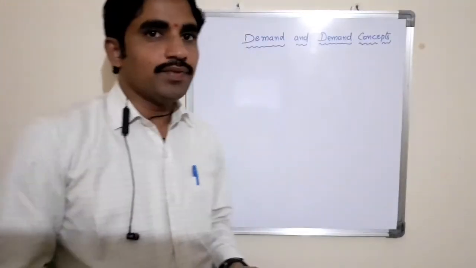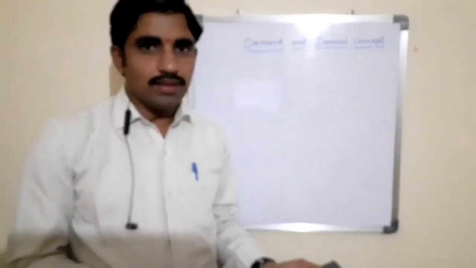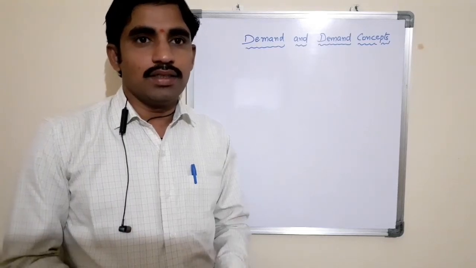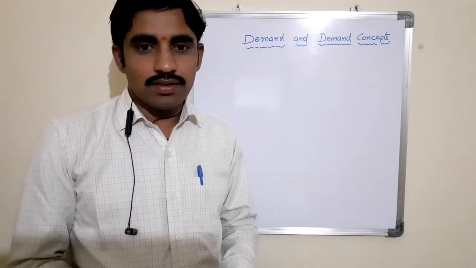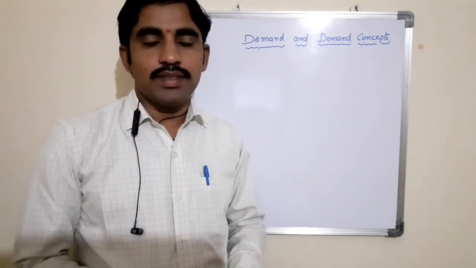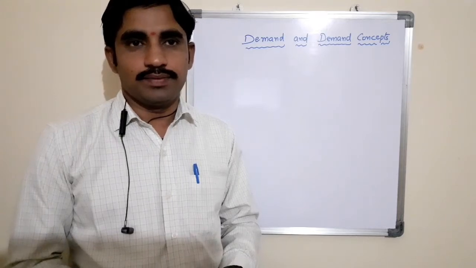Here demand refers to the willingness or effective desire of individuals to buy a product supported by their purchasing power. Effective desire is the quantity of a commodity or service that is purchased at a given time period at a given price from the market.